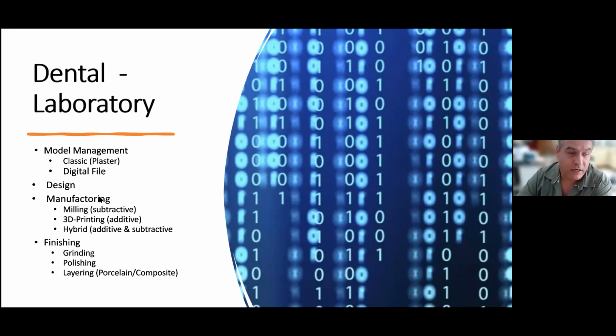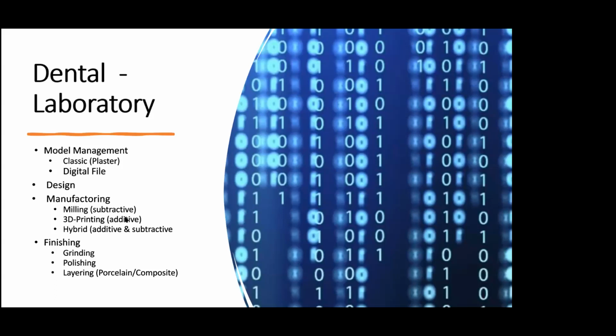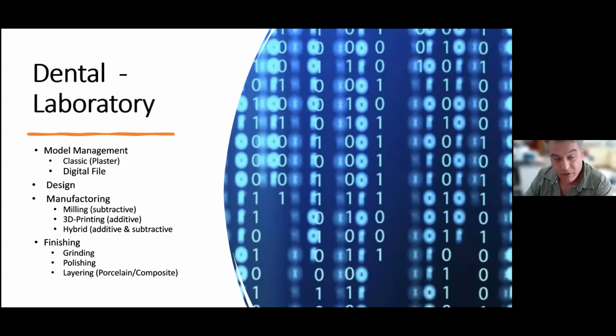Design process, again, manufacturing: we have now a milling way, so we subtract something out of a block, or we have a 3D printing way, we add, so we build something, or we have also nowadays, since 3-4 years, a hybrid way. That means we have a laser sinter process maybe in metal, especially for the telescopic crowns.